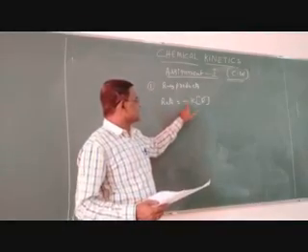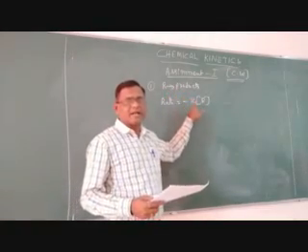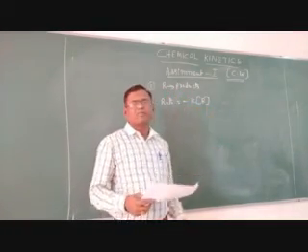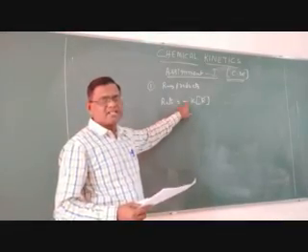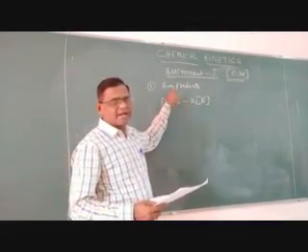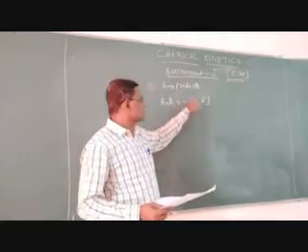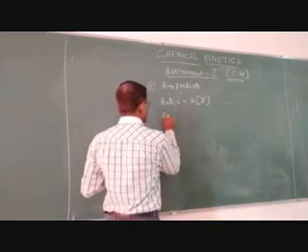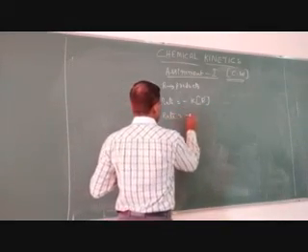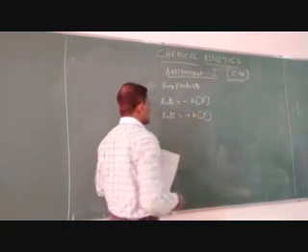This sign is indicated with respect to reactants: decrease in the concentration of reactants with time. That is the correct answer, children. Whereas with respect to products, the sign is plus. The rate with respect to products is equal to plus K into concentration of products.